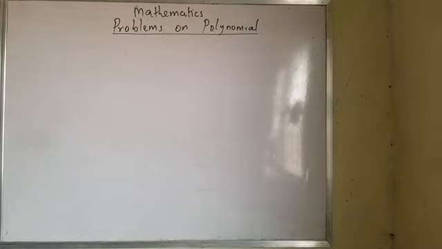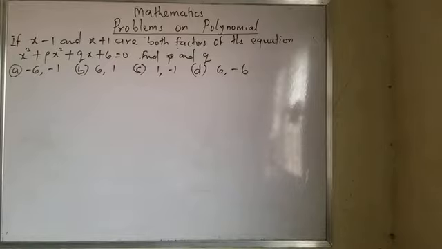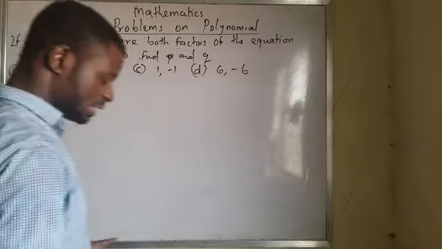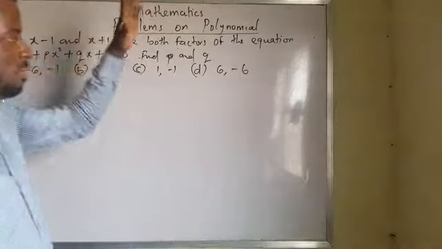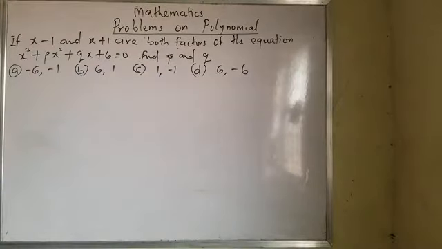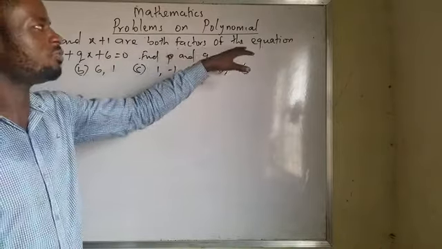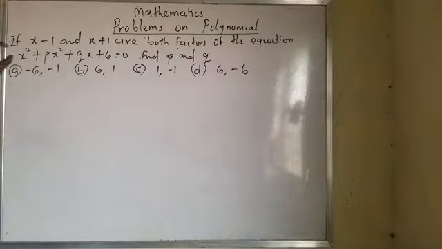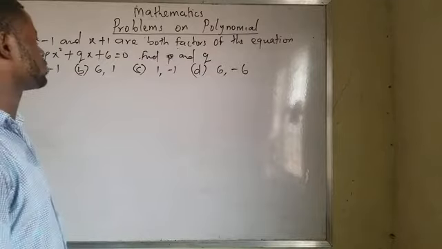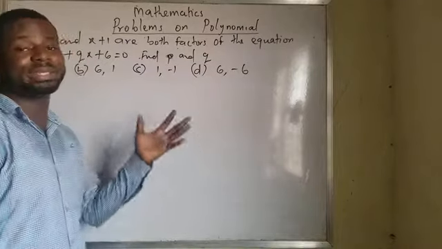Now, look at this problem. This particular part is very, very common. And fortunately, I've not done it before in our previous video, which I need to explain very well. When you have a problem like this, if x minus 1 and x plus 1 are both factors of the equation, which is x cubed plus px squared plus qx plus 6 equals 0, find p and q.